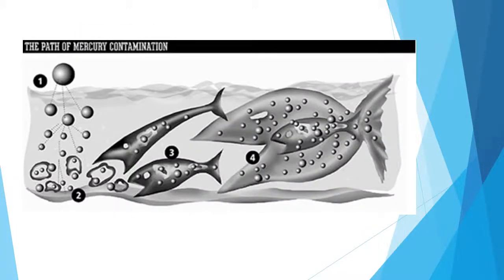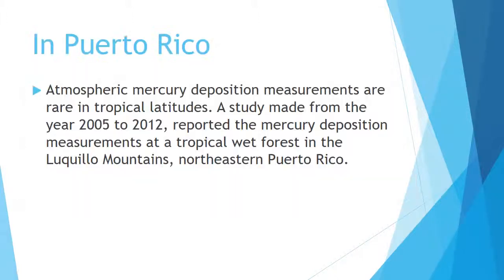Right here we have another diagram of how mercury contamination spreads throughout the fishes and increases in amount every time a fish eats another fish, which will end up in the consumption of a fish by a human being.